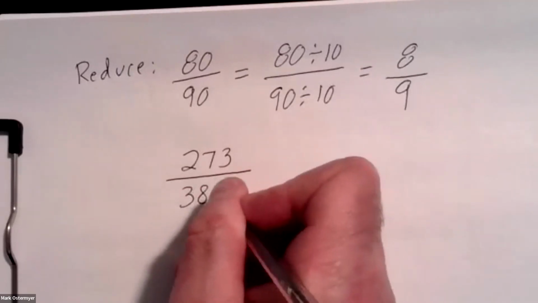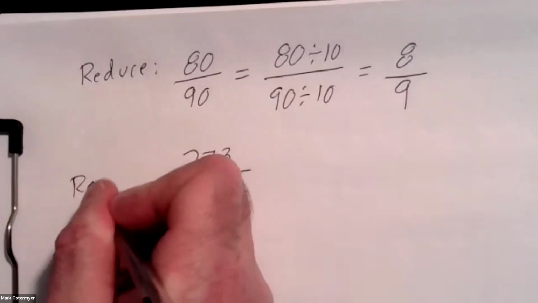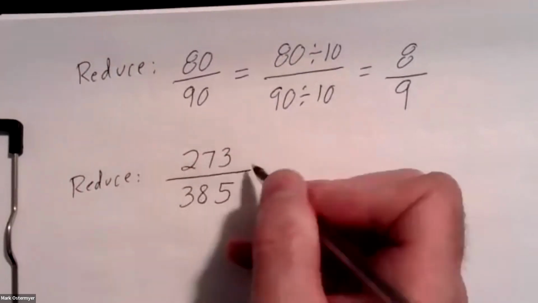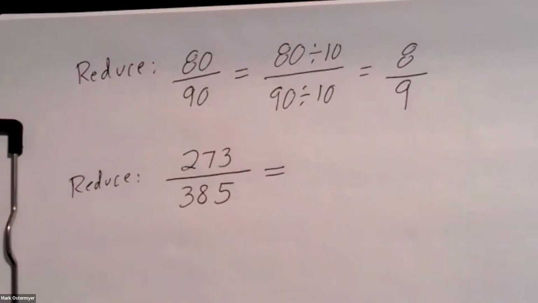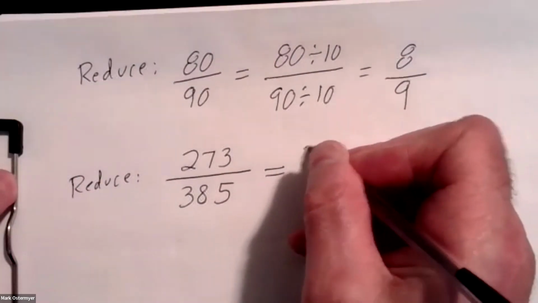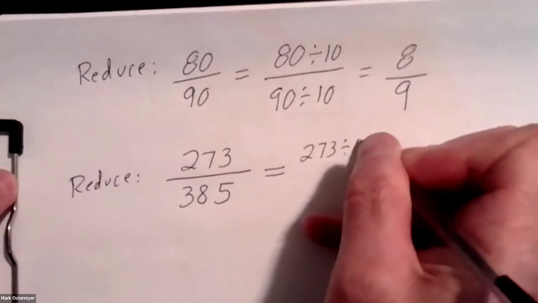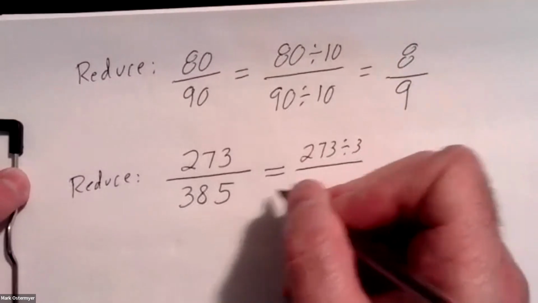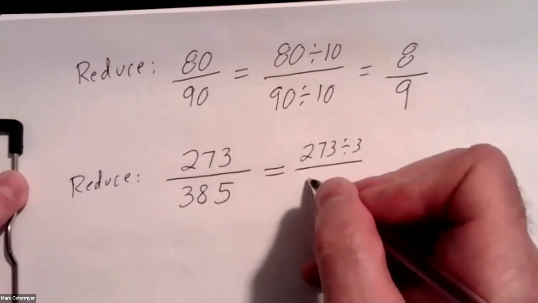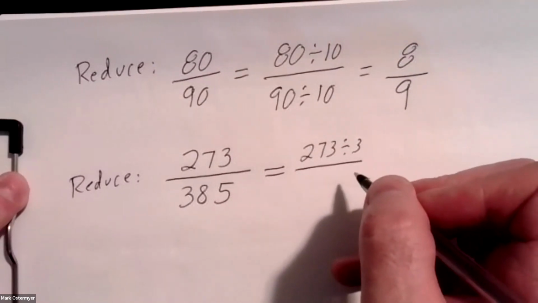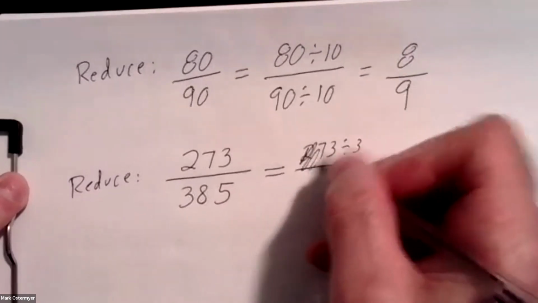273/385. Let's see if we can reduce this fraction, ladies and gentlemen. Of course, you can do it manually, which would take some time. Do you agree? What does this reduce down to?